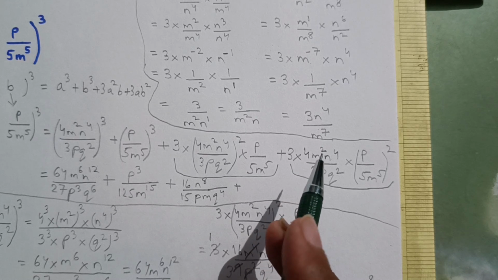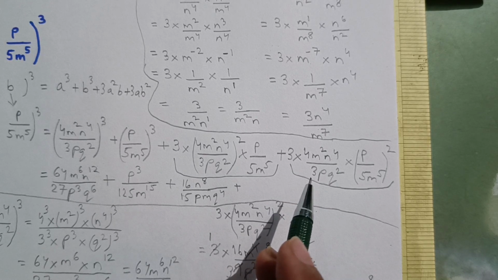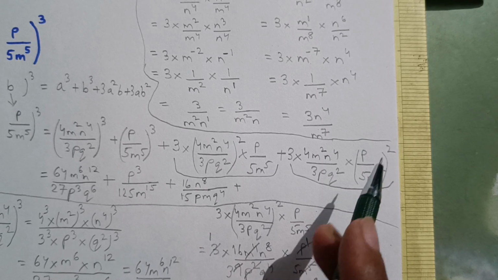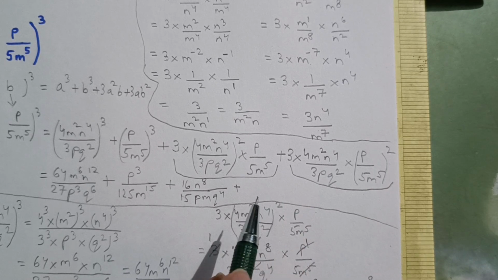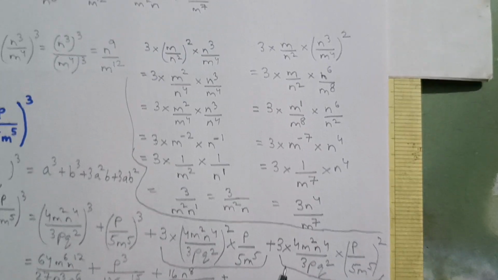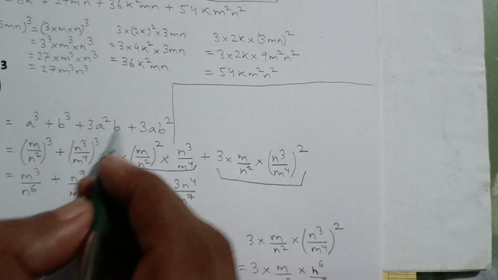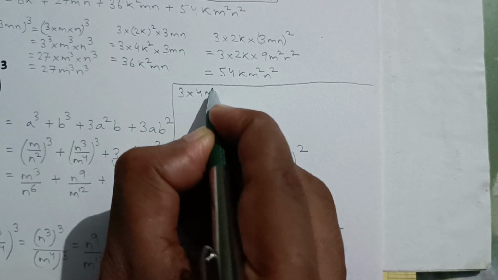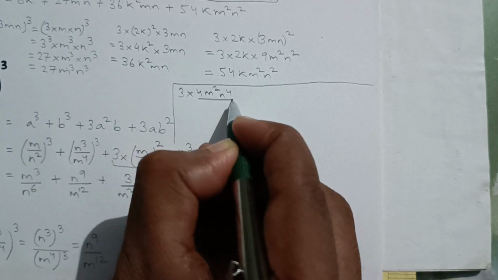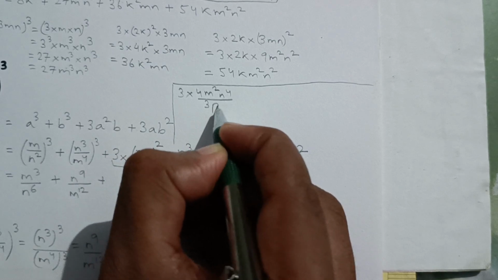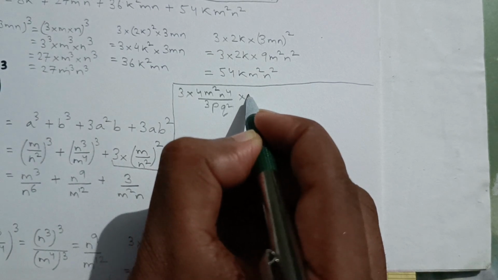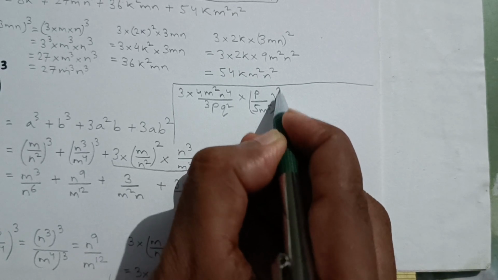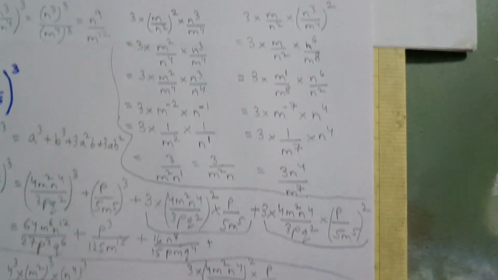3 into 4m square n to the power 4 upon 3 pq square into p upon 5 m to the power 5 whole square. So I will write down this expression. So 3 into 4 m square n to the power 4 upon 3 pq square into p upon 5 m to the power 5 whole square. So that expression I have written it.